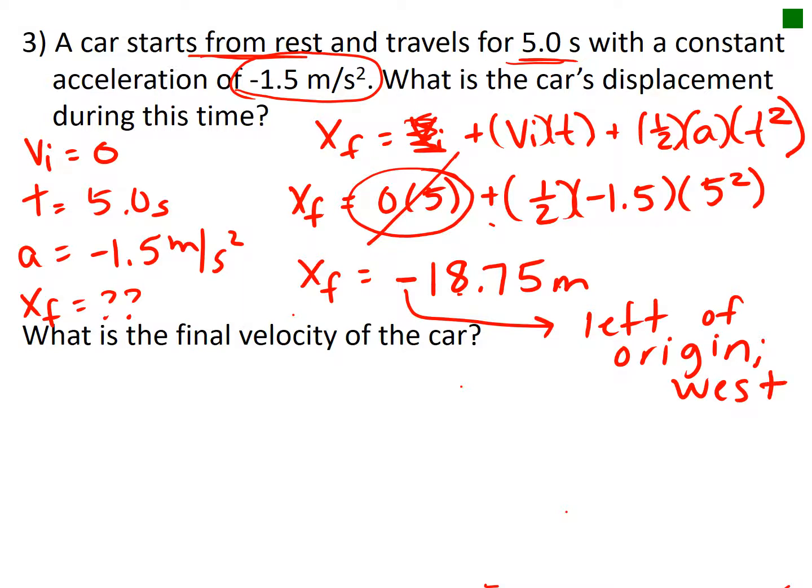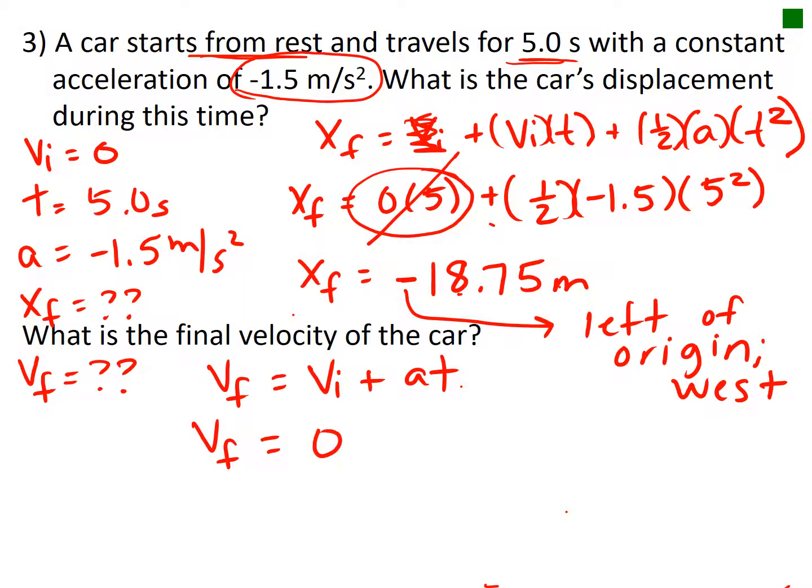All right, last part, what is the final velocity of the car? So now we're looking for VF. So VF equals VI plus AT. VF equals 0 plus negative 1.5 times 5.